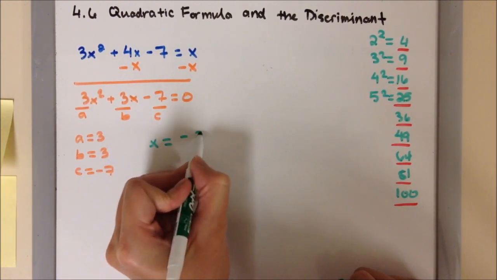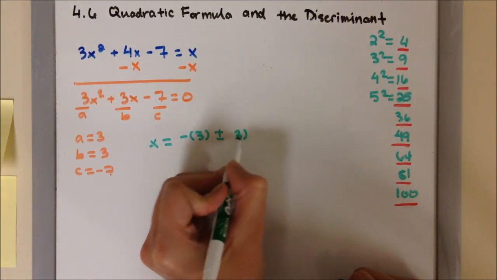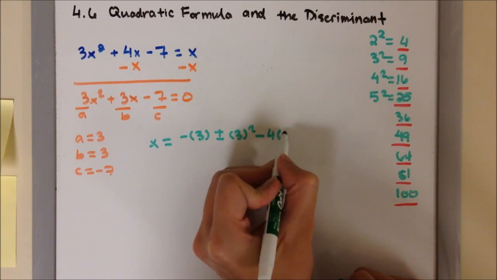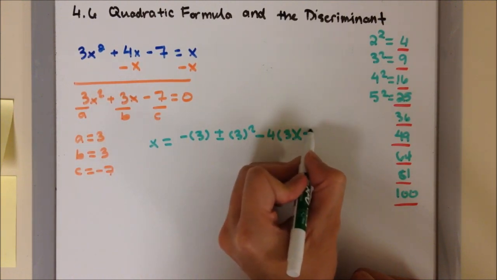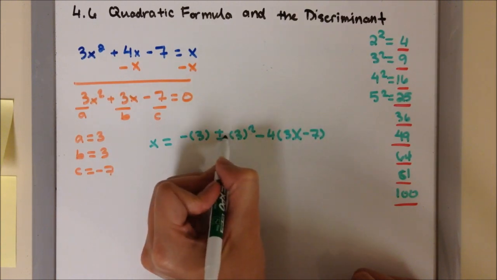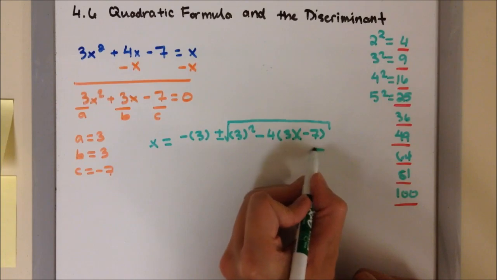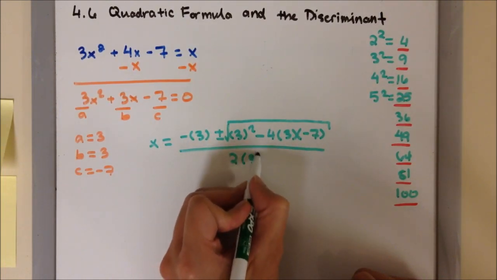So negative 3, that's my b, plus and minus the square root of 3 squared minus 4 times my a, which is 3, times my c, which is negative 7. The whole thing is inside the square root, divided by 2 times a, which is 3.